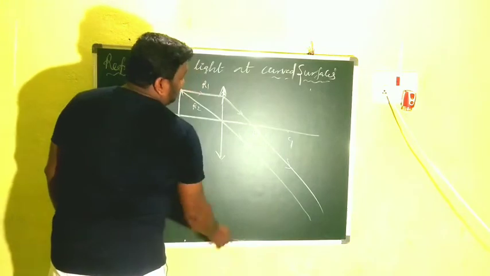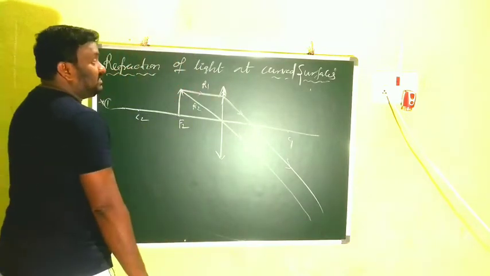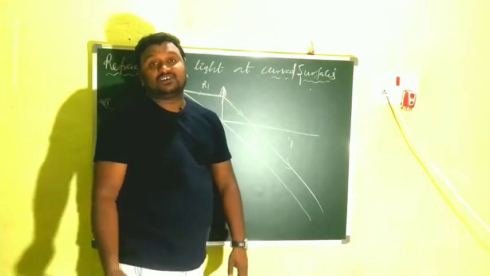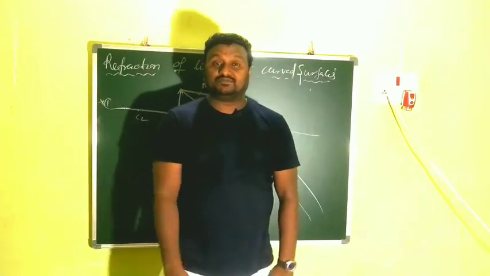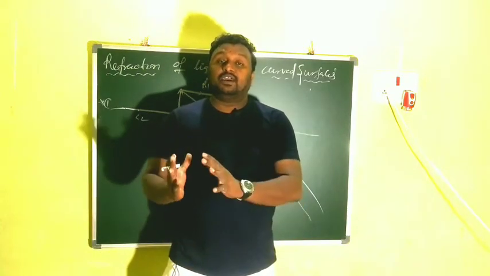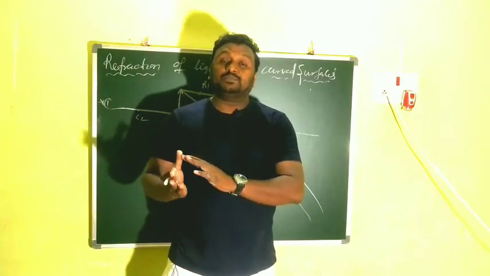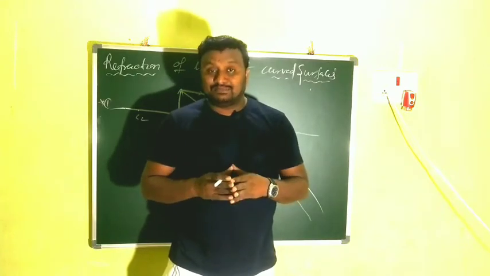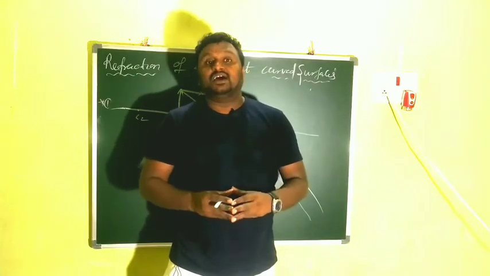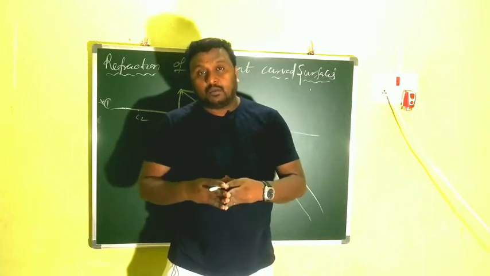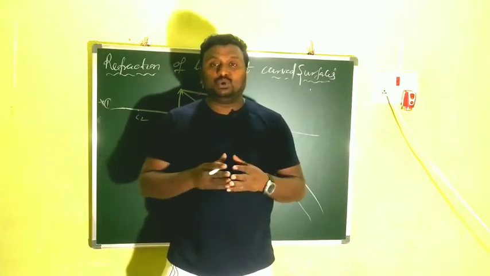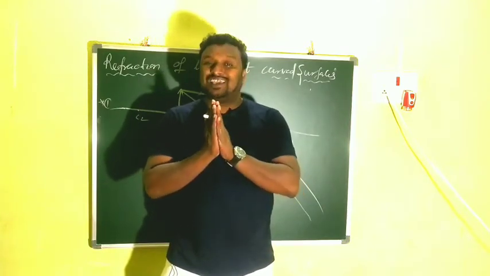Now these two form the image at infinity. So this is the first ray diagram in today's class. When the object is at the focal point, we get the image at infinity. And when the image is formed at infinity, we are unable to say the nature of the image.